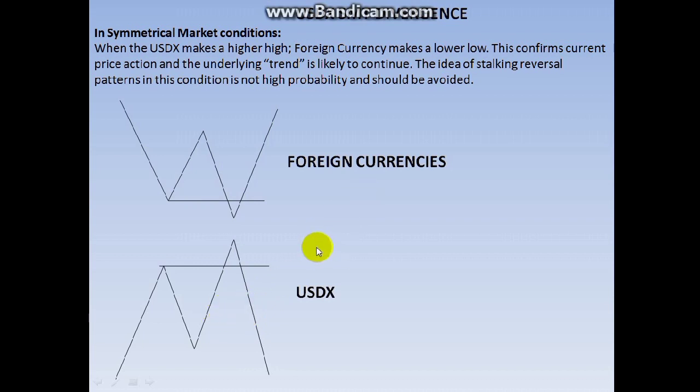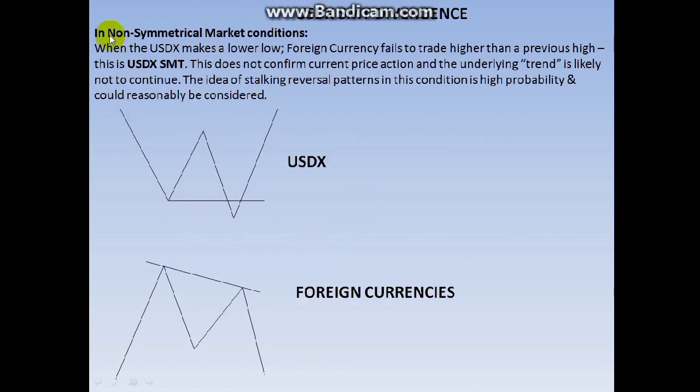So now let's go down further, to non-symmetrical market conditions. What do we mean when a market is in a non-symmetrical condition? When the dollar index makes a lower low, foreign currency fails to trade higher than a previous high.